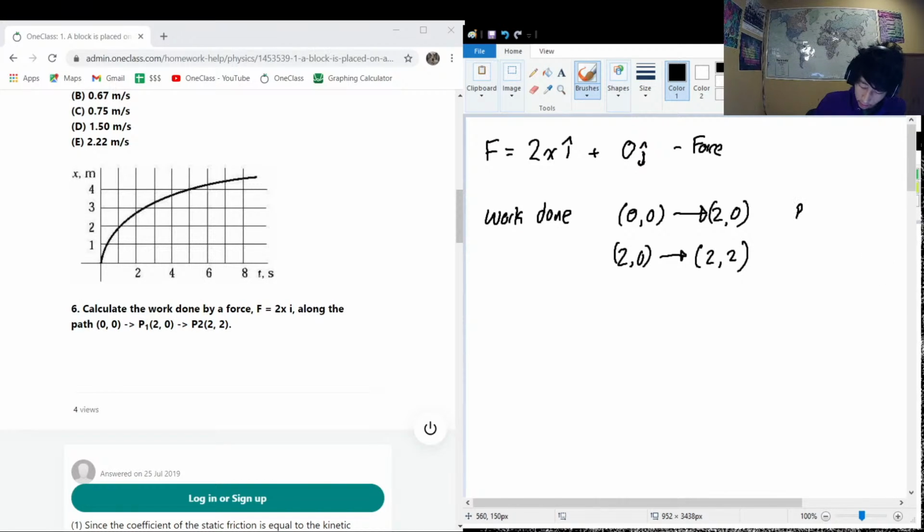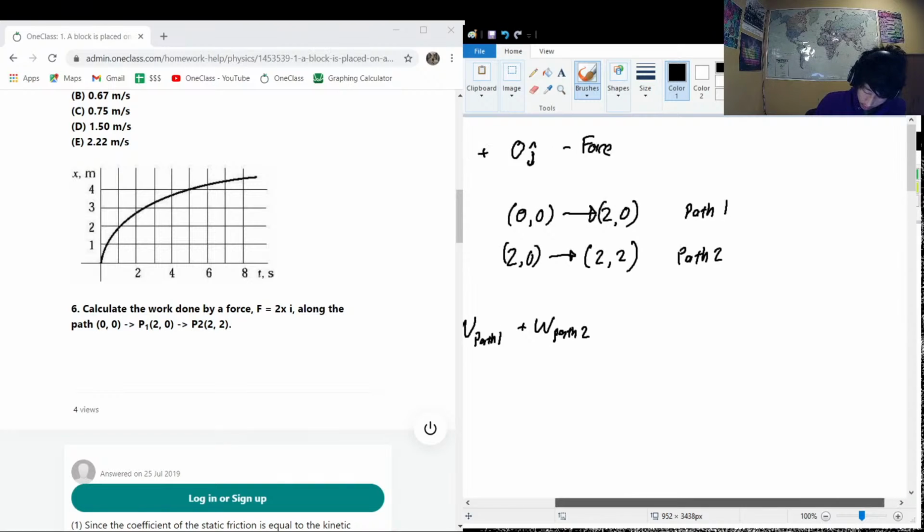Okay, so let's call this path 1. Let's call this path 2. So we want to pretty much just find the total work, which is equal to the work of path 1 plus the work done of path 2.